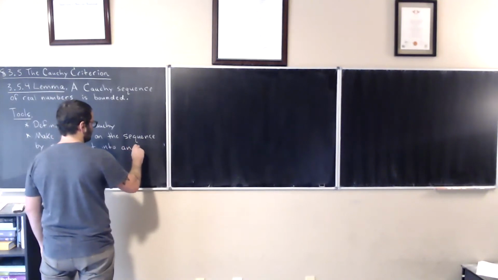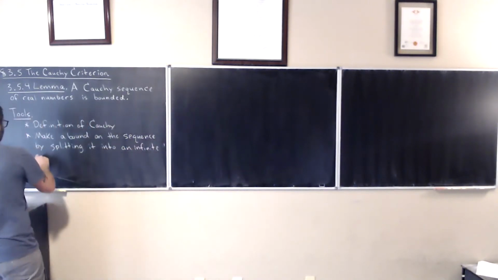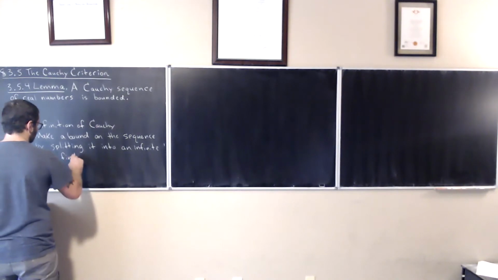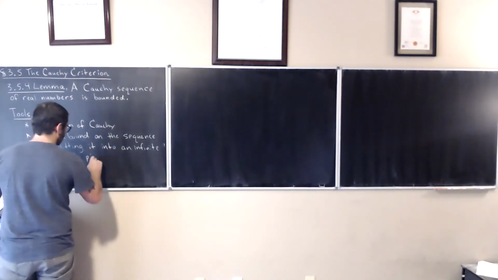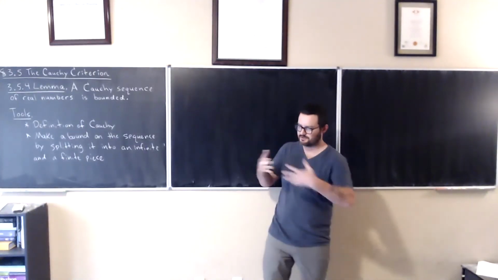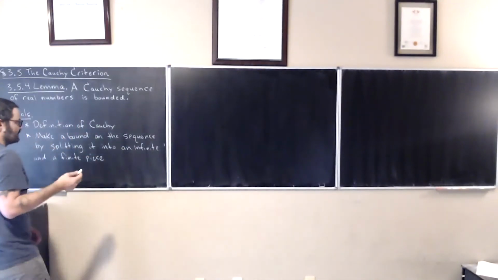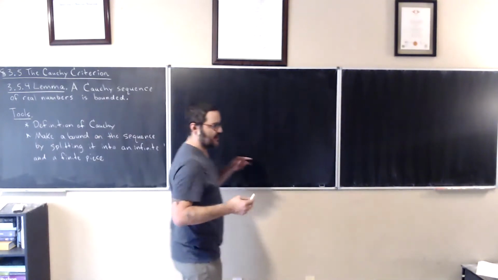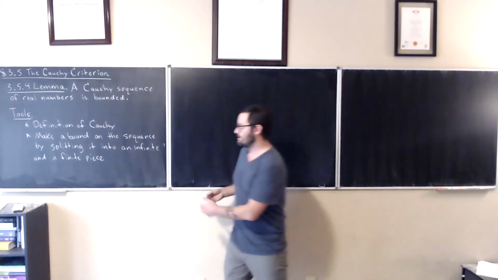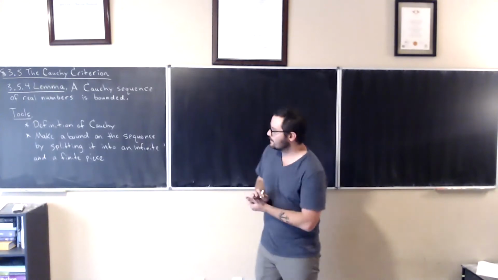An infinite piece and a finite piece. Since the sequence is Cauchy, that infinite piece is the terms that are all jumbled together, so then we can maybe take an absolute value bound on the distances of the infinite piece, and then we have all the other pieces, which are just finite.